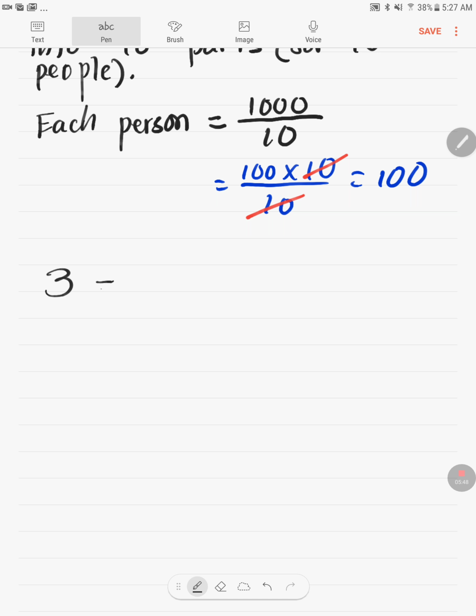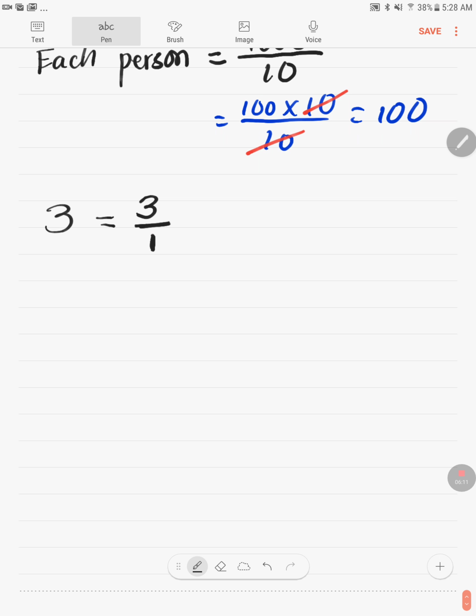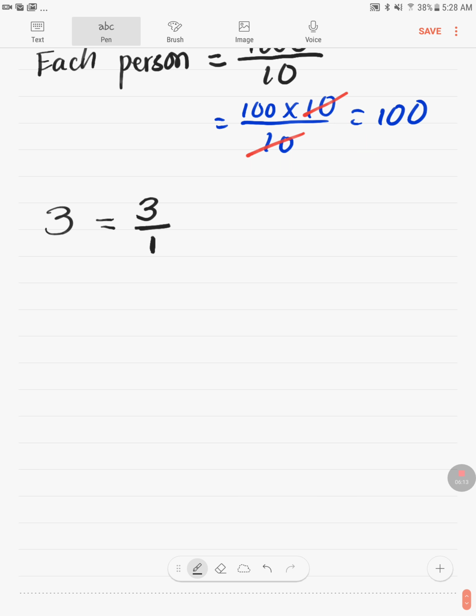So we could say that these apples are 3 divided by one person, or 3 are owned by one person. So we could represent any whole number as a number divided by 1. Let's keep that in mind. That's very important in understanding fractions.